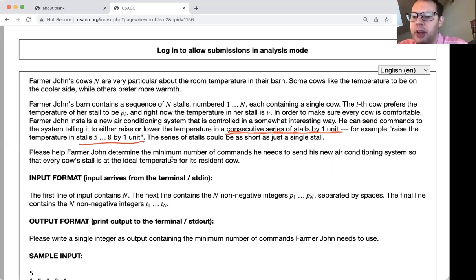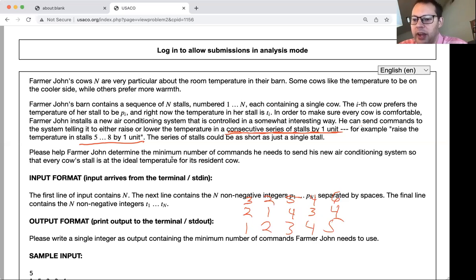Okay, so for example, if I have cows here, and let's say cows 1, 2, 3, 4, and 5, let's say this cow's preference is 3, this cow's preference is 2, this cow's preference is 5, this cow's preference is 4, and this cow's preference is 6. And let's say the current temperatures are 2, 1, 4, 3, and then 4.